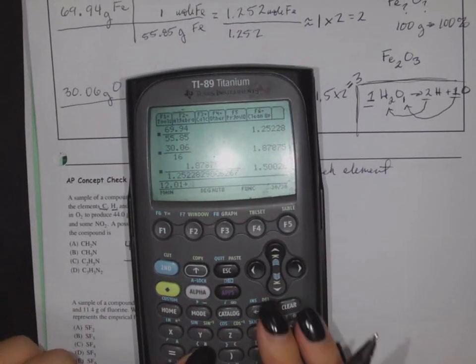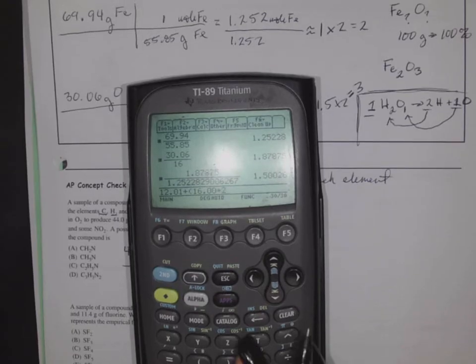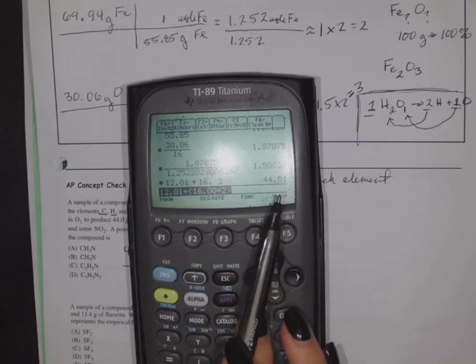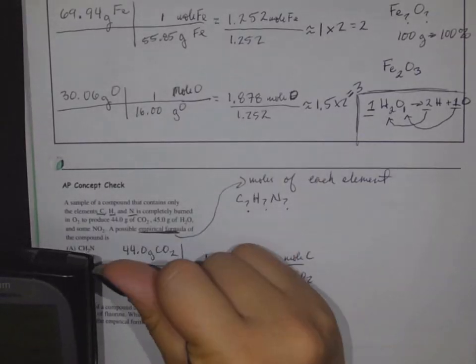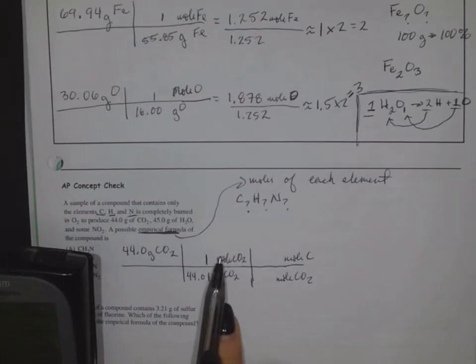And so when I look at my periodic table, I see that there's 16 grams for every mole of oxygen, but there's 2 of those oxygens. So adding all that up together tells me how many grams there are in 1 mole of that individual item. So I have 44.01 grams of CO2 for every mole of CO2.